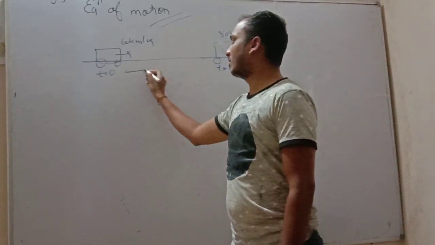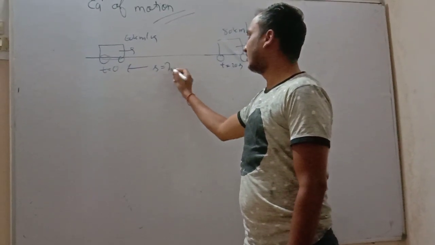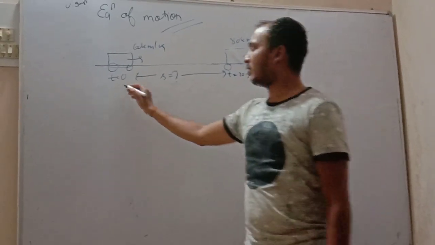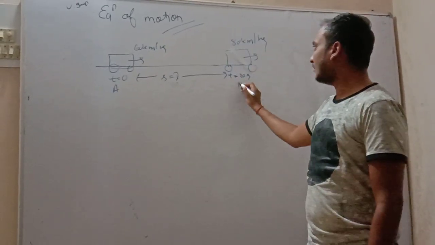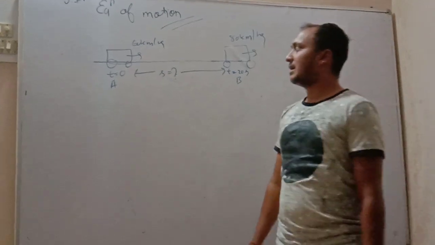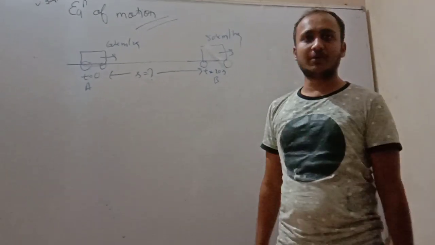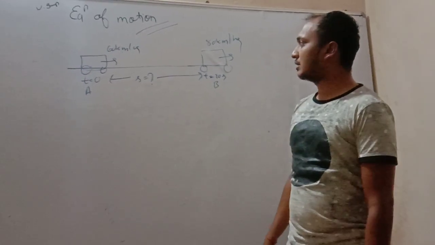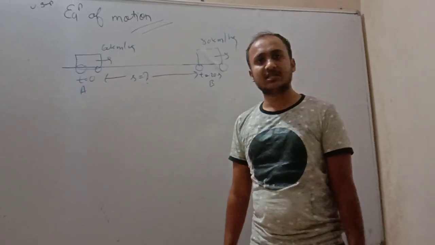We have to calculate the distance or displacement it covers between point A and point B. At point A it was 60 km per hour, at point B it is 80 km per hour.